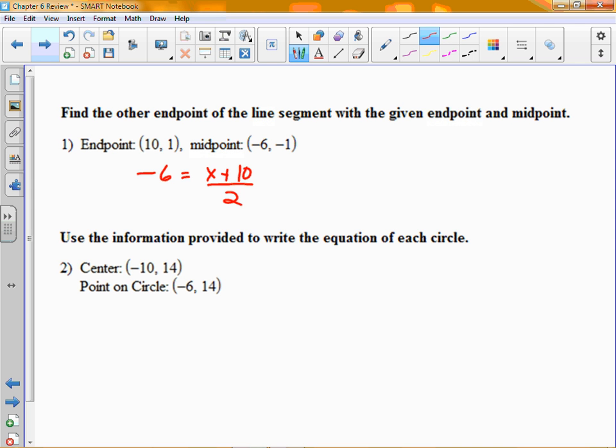The missing y. Y is -1, so I come up here and I say, there's my y value of my midpoint. Okay? And you got to understand, guys, I can ask you the question either way. Number 2 on the test may be like this, and then right after it, number 3 says, here's the endpoints.